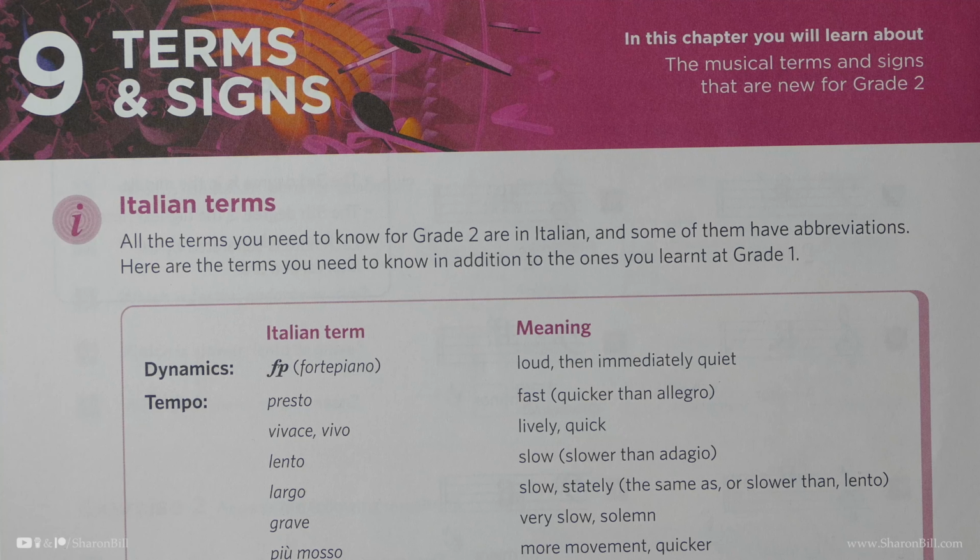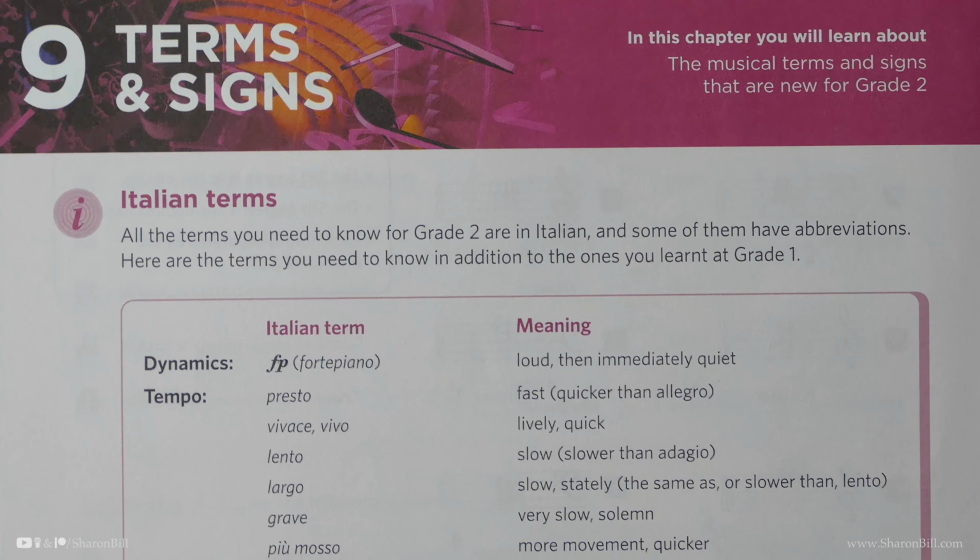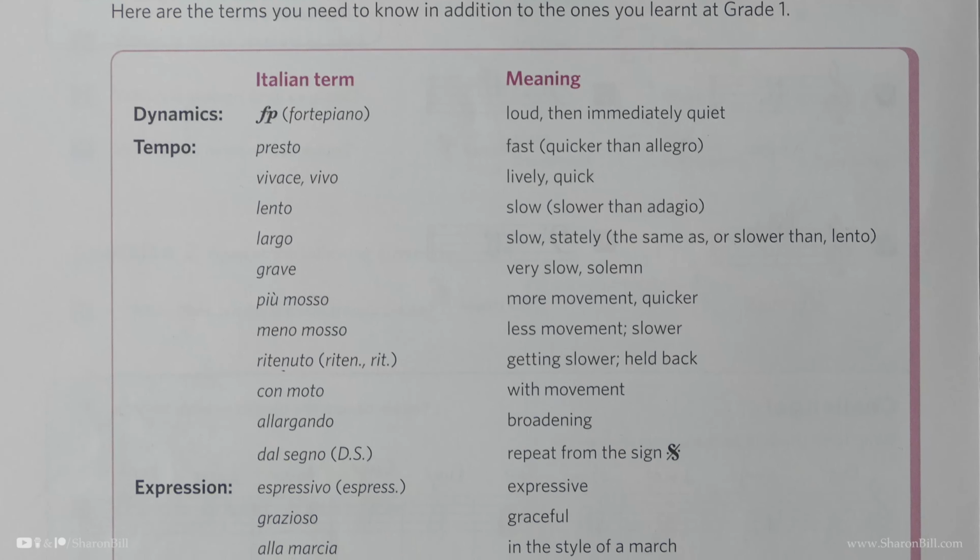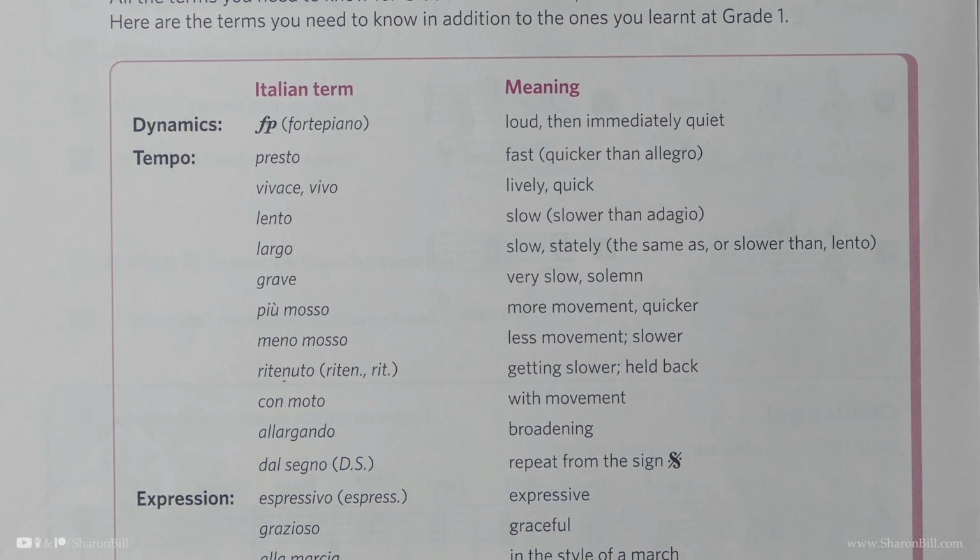Moving on now, in the Grade 2 Discovering Music Theory workbook, we move on to page 40. And we'll look at some more terms and signs. And this is where I really do recommend that you just take some time to revise these Italian terms, because do remember that these are in addition to what was learned in grade 1.